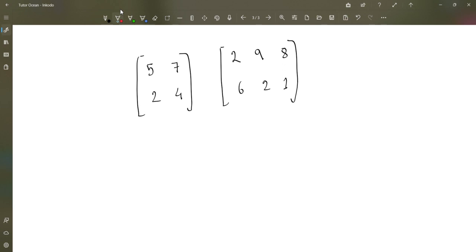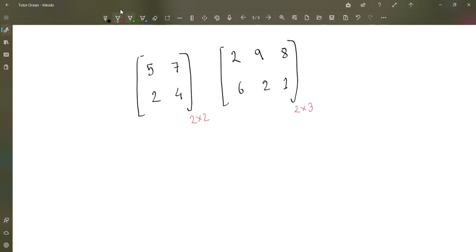Okay, before we multiply any matrix, it's a wise thing to write down their dimensions beforehand. The dimension of the first, or the pre-matrix, let's not say first or second, let's say pre-matrix, is 2 into 2 and the dimension of the post-matrix is 2 into 3.